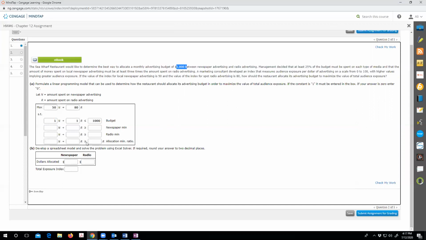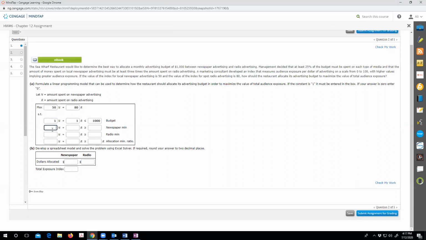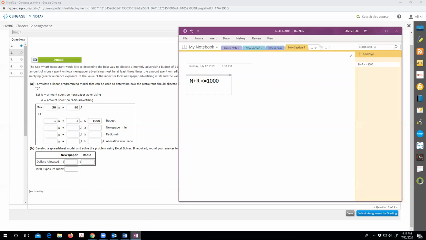So if we talk about the minimum newspaper budget, I'll say another equation is N is less than or equal to 250.